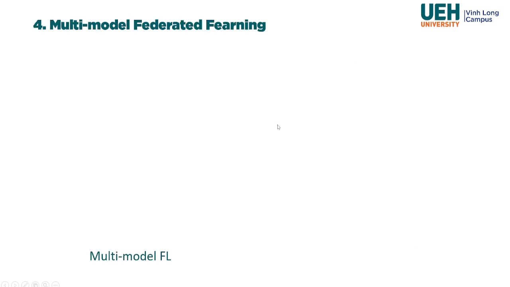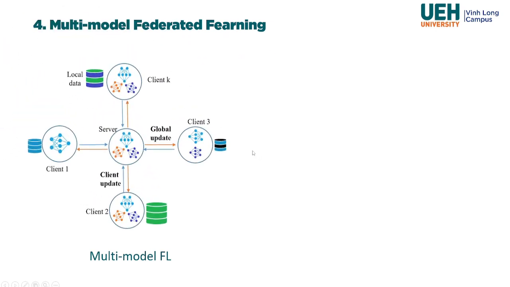And next, I want to mention the multi-model federated learning direction. In multi-model, each machine may train many kinds of models. Each client trains a different kind of model.